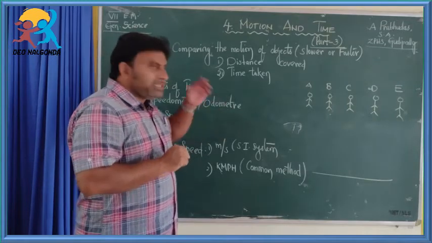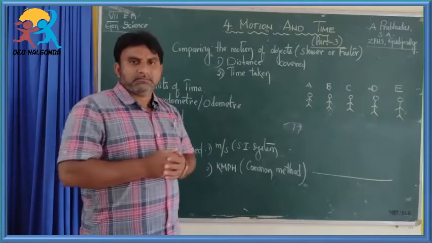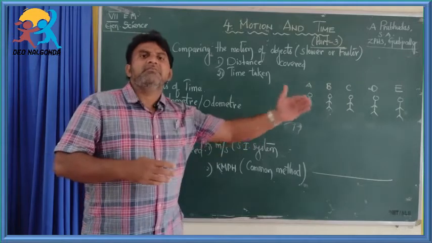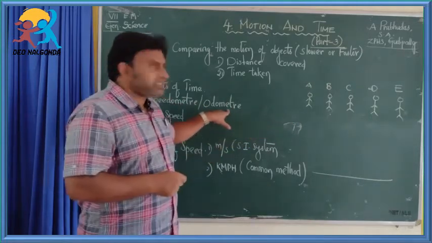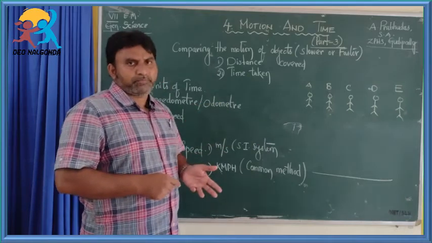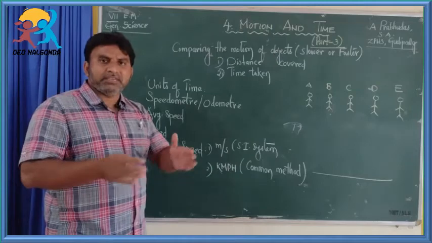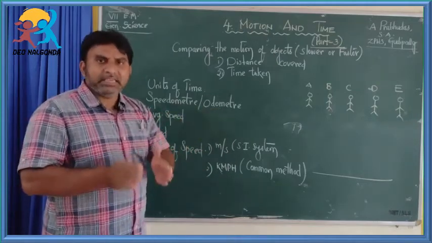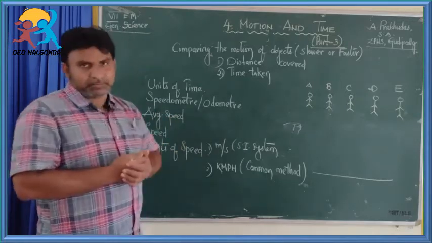The odometer shows us the distance travelled by the vehicle. You can easily identify this odometer in a speedometer. So, speedometer tells us the speed with which the vehicle is moving and odometer tells us the distance the vehicle has travelled.